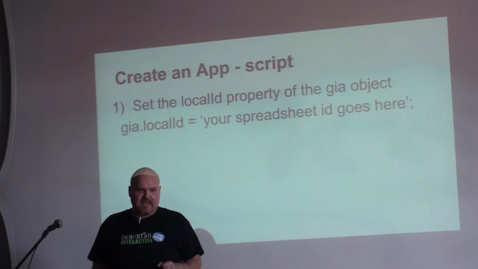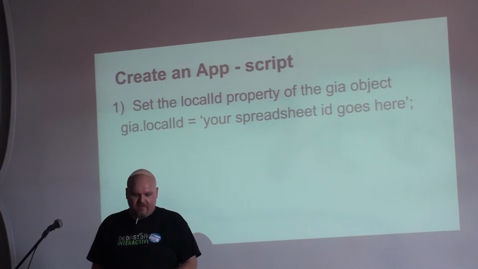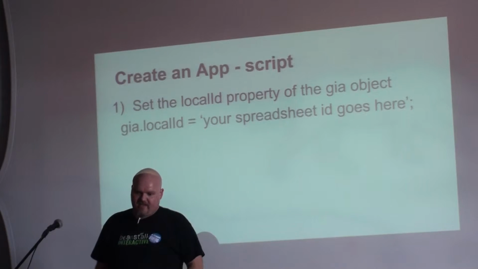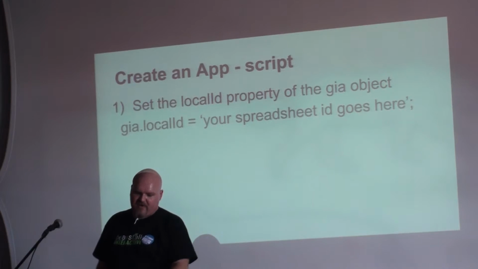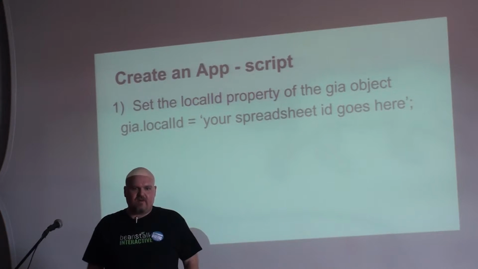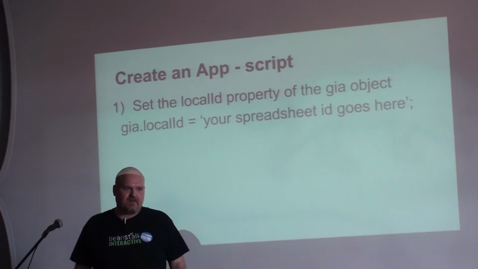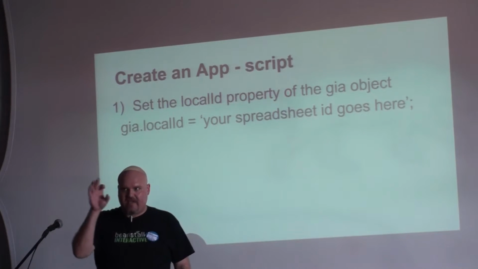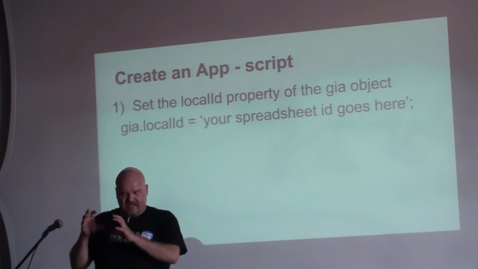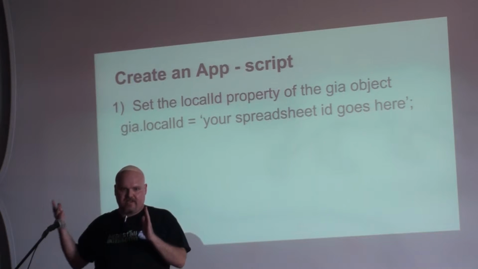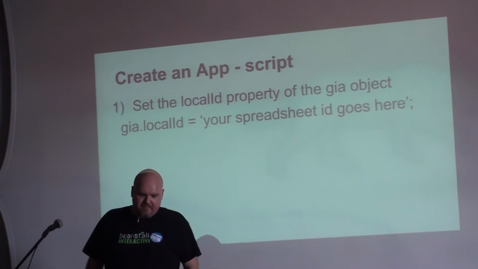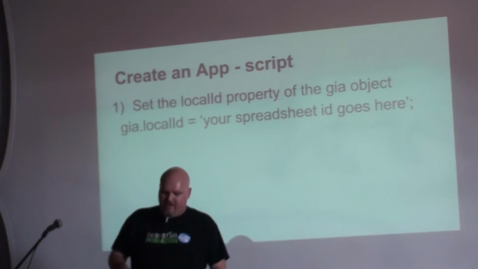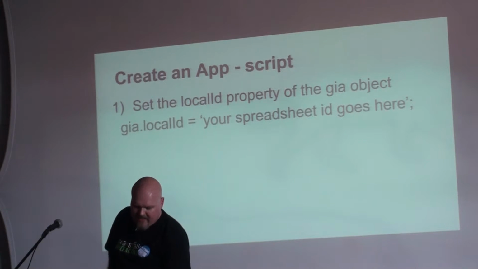Now, that spreadsheet that you copied the URL of before, you'll want to paste that onto your page and set the unique part of its URL as the spreadsheet ID. Now, if you don't know what I mean by the unique part of its URL, that's in the page that said what it is. That's the string of about 28 characters that are all randomized in there. So get that information and put that into the string that it's setting the local ID as.